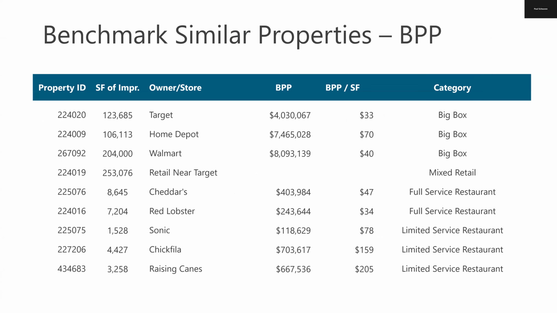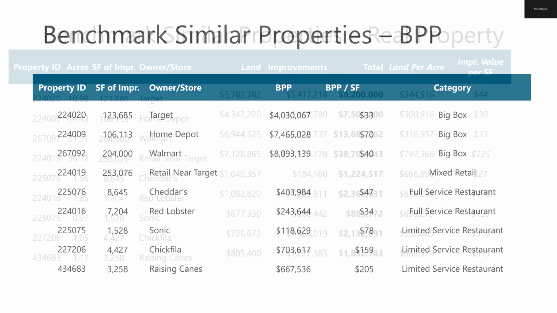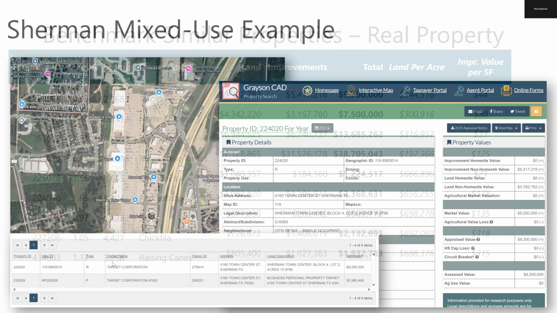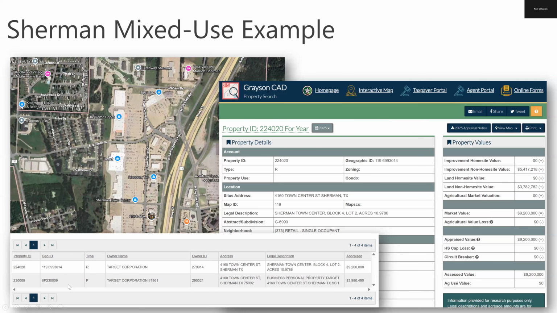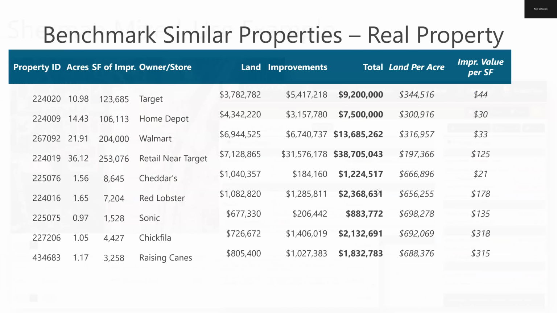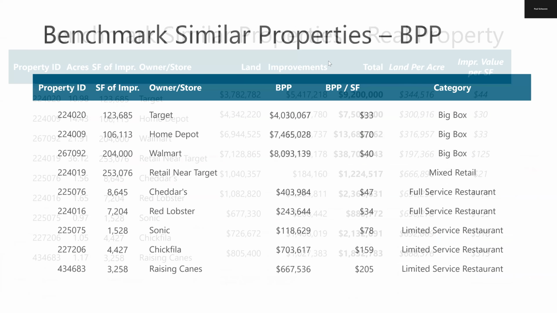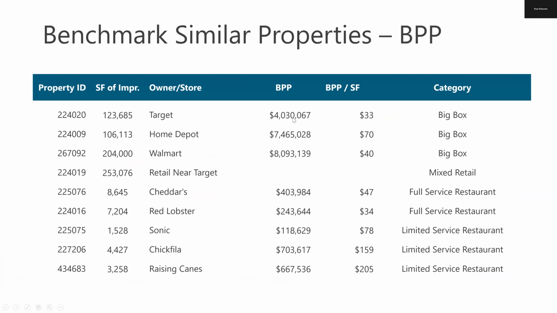The other thing that I looked at in these cases was the business personal property. As I mentioned, if I go back a couple slides real quick, the Target, for example, had a record for their real property and also a property record for their personal property. So we wanted to understand not just those improvements, but how much business personal property that entity had on the tax rolls.